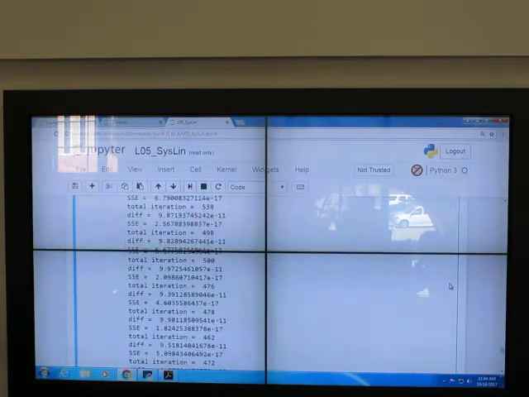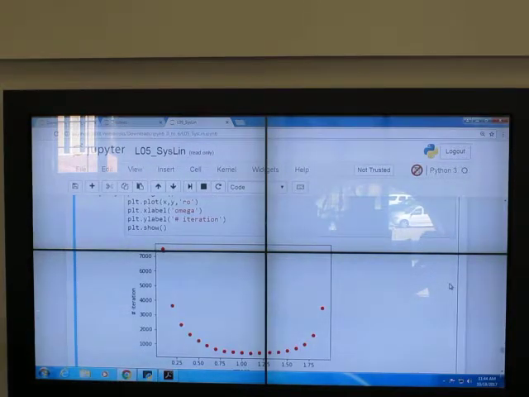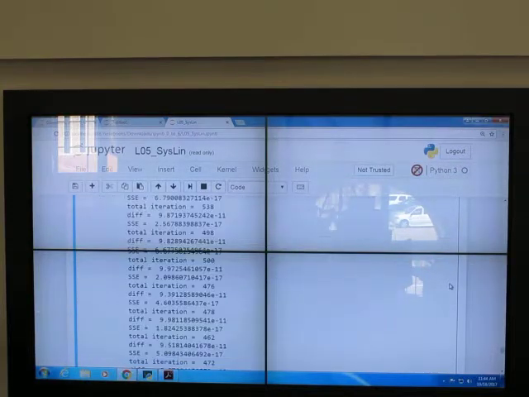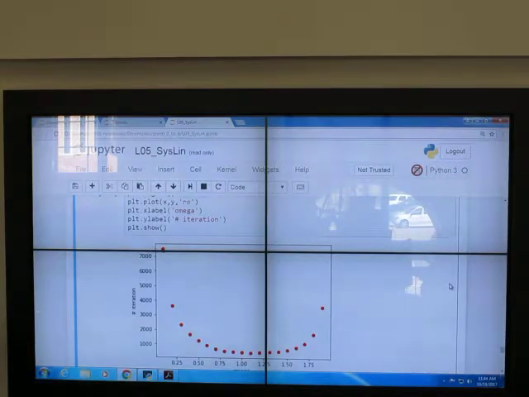Okay, let's take a look at this graph a little bit. This is a graph where we change omega. I cannot use my mouse, but the x-axis is omega, the y-axis is the number of iterations. If you adjust omega poorly, it takes a lot of iterations until it converges.